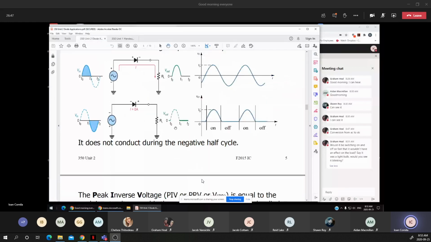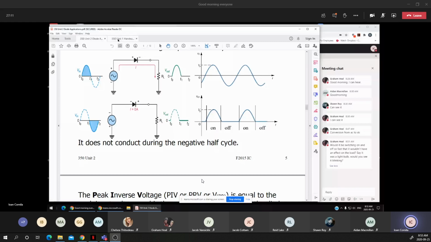On the second half, the polarity of the AC voltage source is negative on top, meaning the negative is applied to the anode, and the positive through the RL is applied to the cathode. It looks like the diode is in reverse bias.